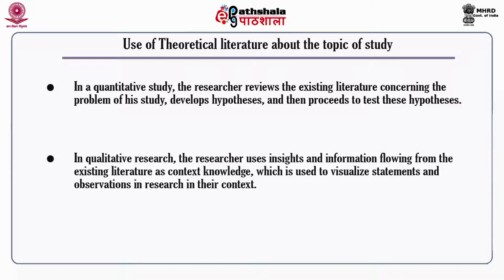In qualitative research, the researcher uses insights and information flowing from the existing literature as context knowledge, which is used to visualize statements and observations in research in their context.